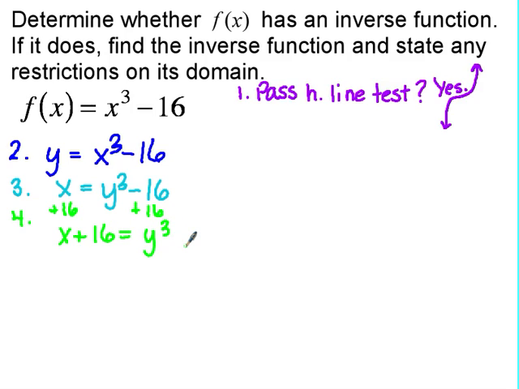How do I undo that cubed, or that power of 3? The cube root, okay? It's actually the cube root here where I'm going to put a little 3 right there. And I'm going to do that to both sides. So really, when I solve, I end up getting the cube root of x plus 16 equals y.